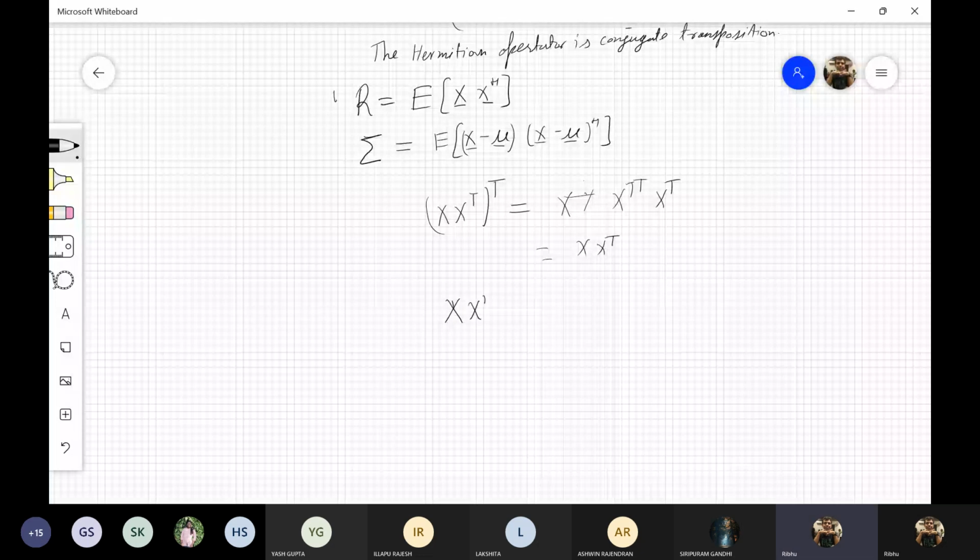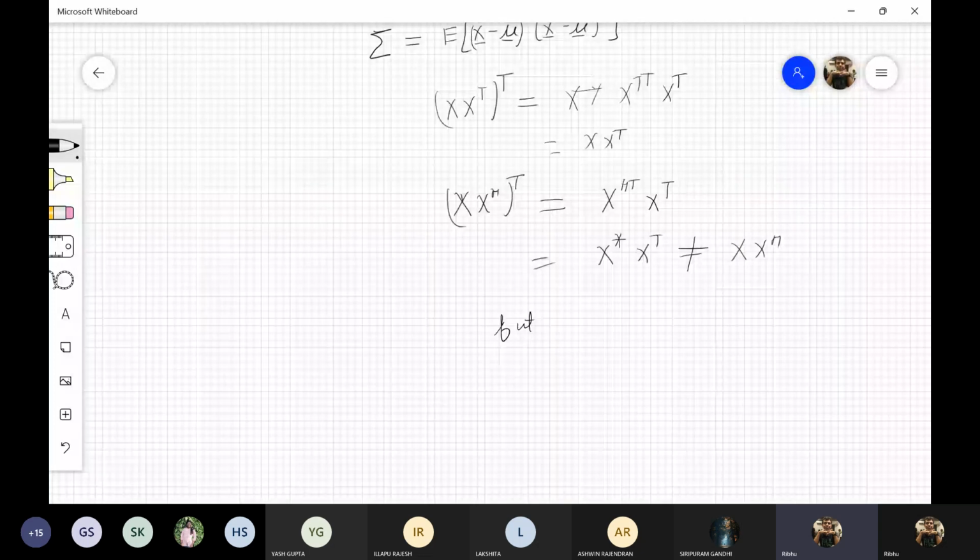But if I take the Hermitian of x x Hermitian, the conjugate of a conjugate is the complex number itself, so x x Hermitian is x x Hermitian.